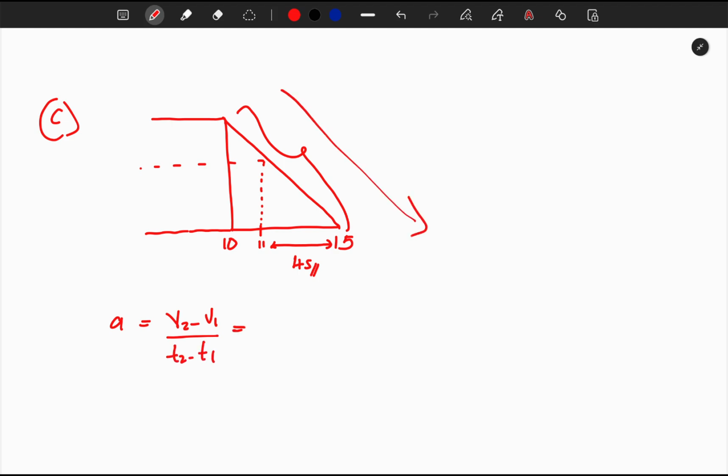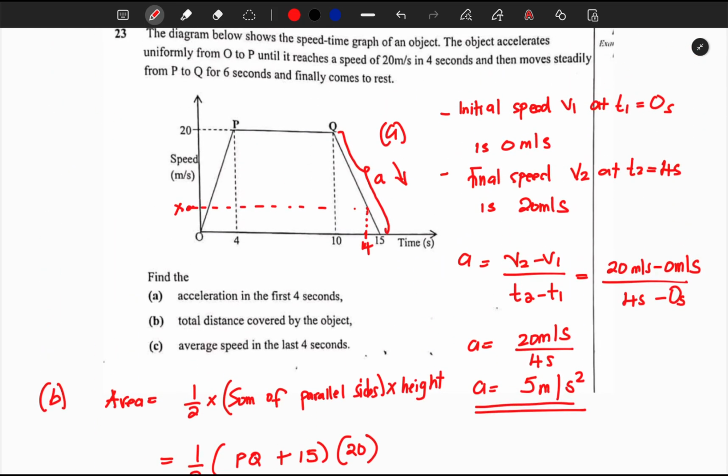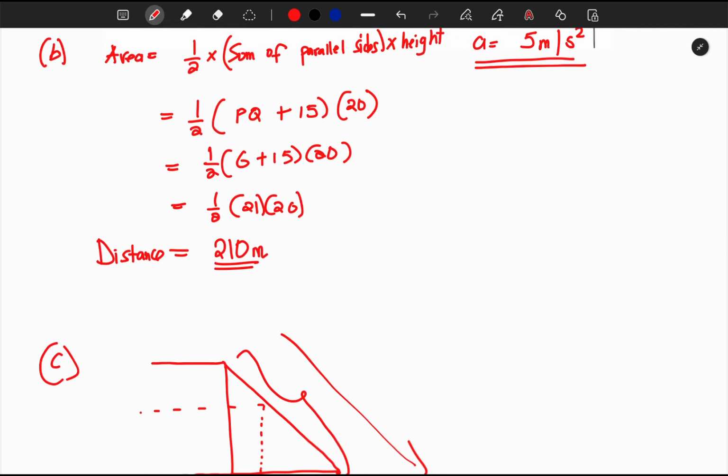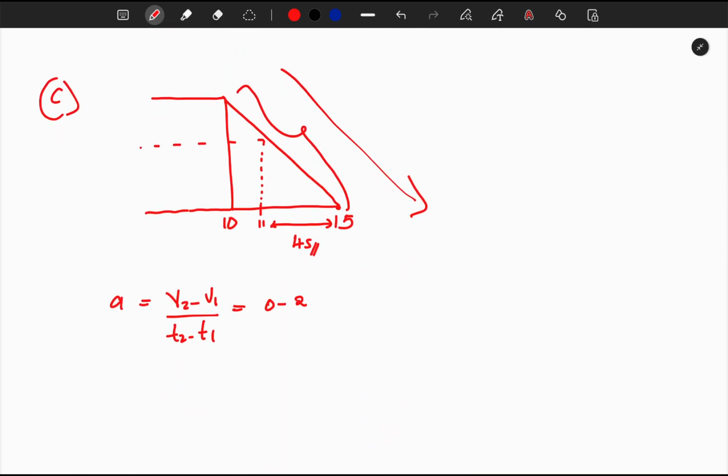Because it's sloping down, the final is 0, because it's moving down from somewhere. So our final is 0. Our initial is 20. Remember, it's coming from 20. So that will be 0 minus 20 over the time difference. What do you think is the time difference in this region?